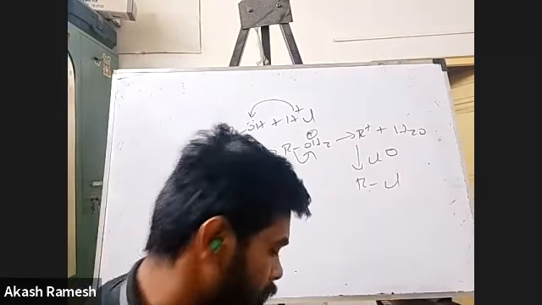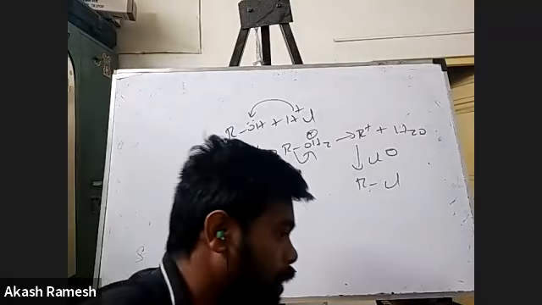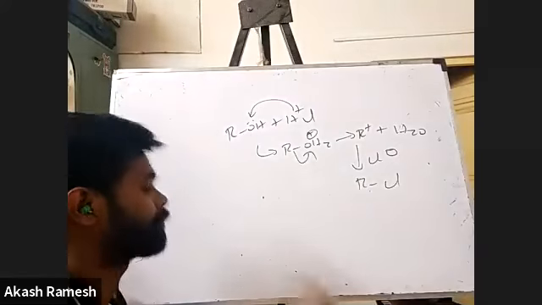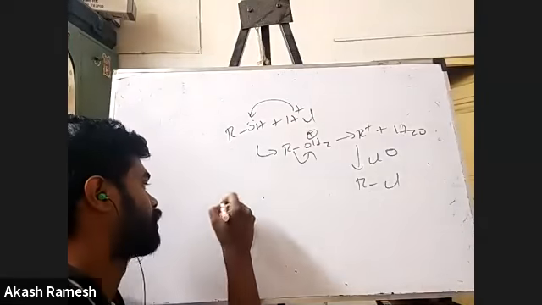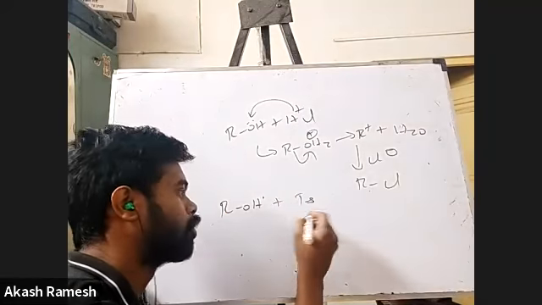Now, I have one more thing I can do if I have ROH. There are something called tosyl groups, TS.